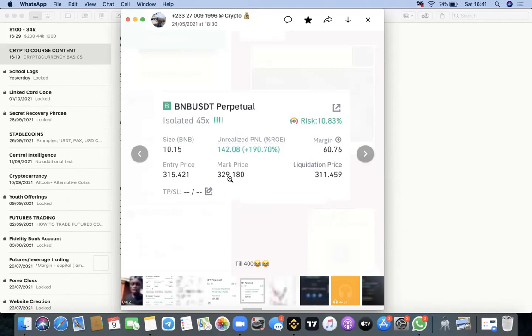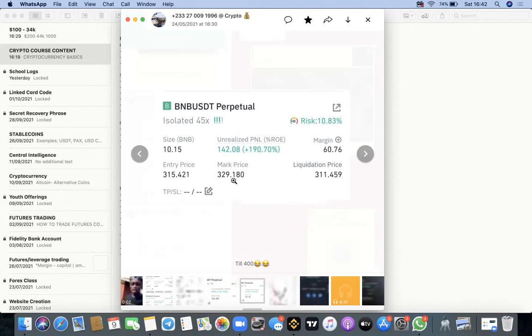So he bought long BNB at 315 and now it has gone up to 329.180, meaning the market has moved up, meaning his prediction is right, his analysis is right, and whatever news he used to enter the position was good news. Or his analysis was right, or his prediction was perfect. Even a normal person will say 315 to 329 is a good improvement.